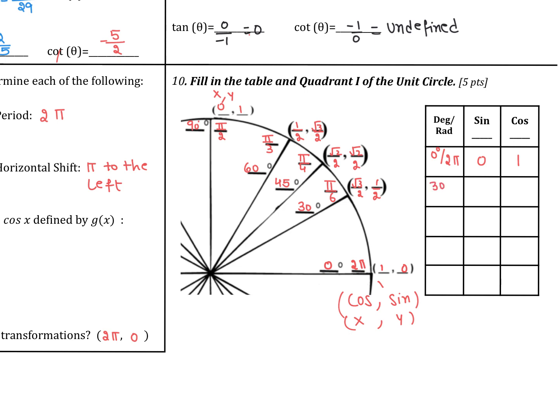At 30 degrees or pi over 6, sine is 1 over 2, cosine is square root 3 over 2. At 45 or pi over 4, both of them are the same.